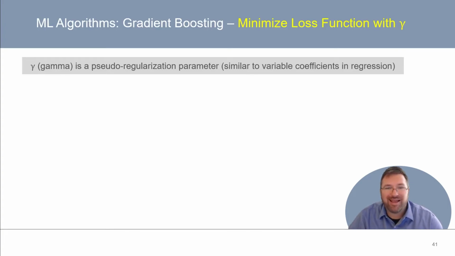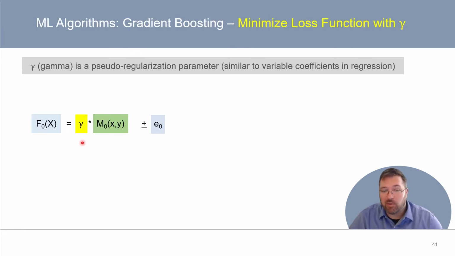However, unlike the learning rate, which is a constant applied to each new weak model, this gamma parameter is uniquely determined for each new weak model being added. For example, we can identify this gamma parameter, highlighted in yellow, for our initial as well as all following weak models added to our strengthening meta model.